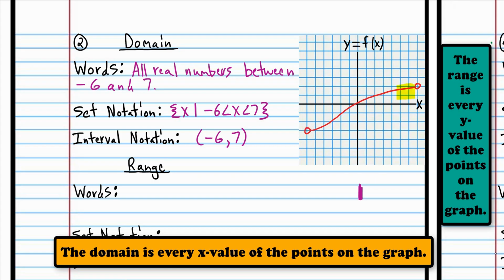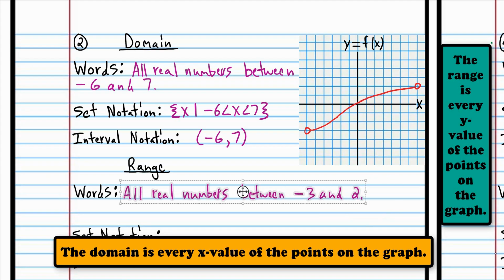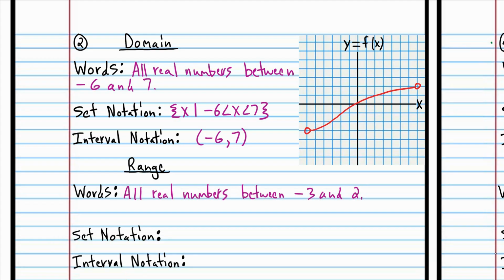So if you start from here and you go down, they're all between -3 and 2. So the range is all real numbers between -3 and 2. In set notation, we say the range is the set of all y values such that y is between -3 and 2.